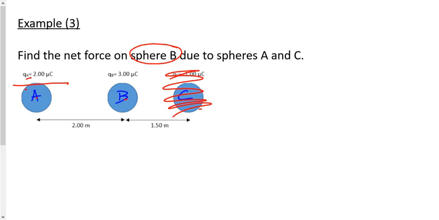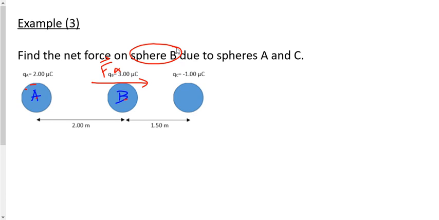Now, I don't really care what happens to A. Yeah, it gets pushed to the left, but that's not what I'm trying to find. The question here says, what's the force on B? So let's ignore that one. Let's pretend that one's not even there. Doesn't matter. The force on B caused by A is to the right. Agree with that? Because B is pushed away from A as a result of that repulsive force, the repulsion between positive and positive.